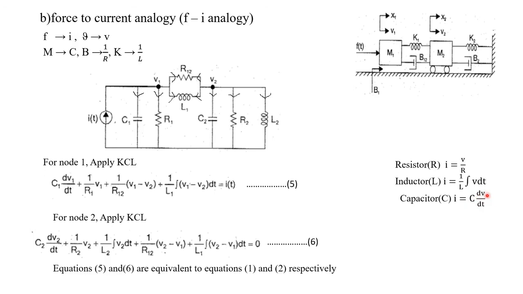V is the voltage drop across the capacitor. Now for C1 into dV1 by dt, this V1 is nothing but the voltage drop across the capacitor C1. What about the voltage drop across the capacitor C1? At this point, the voltage is V1, isn't it? Along these lines, the voltage will be V1. So at this point, the voltage is V1.